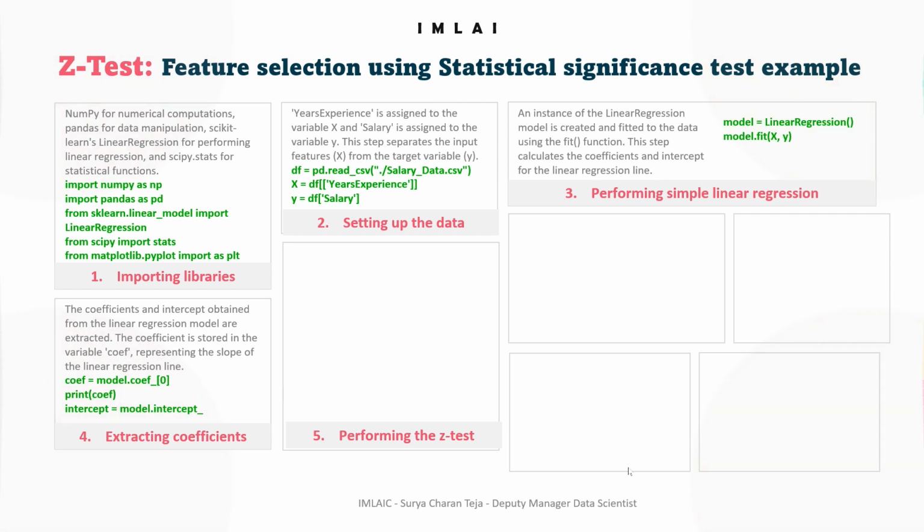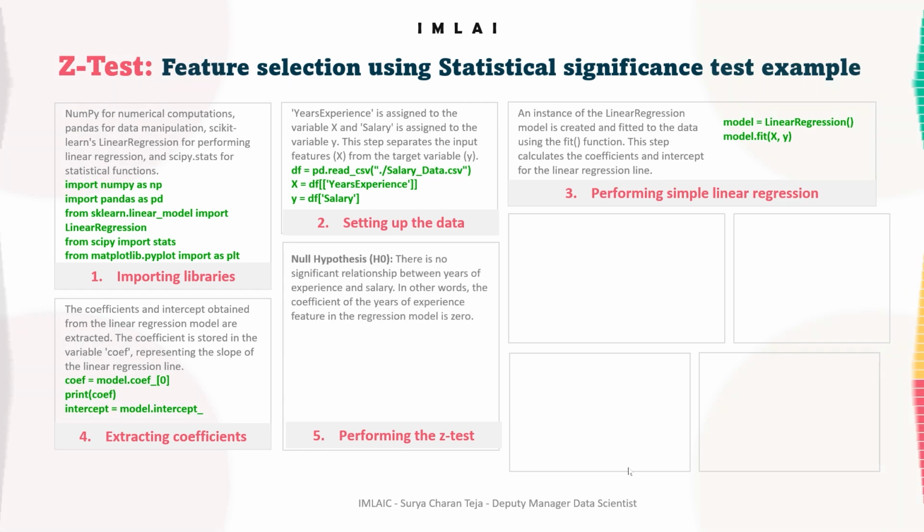To understand the statistical significance of the relationship between the two variables, we need to go for the z-test, because in this case both are continuous, numerical variables. So we will go with the z-test.